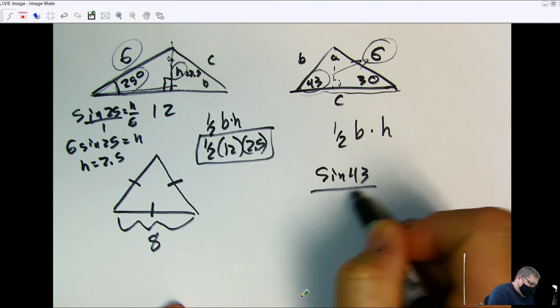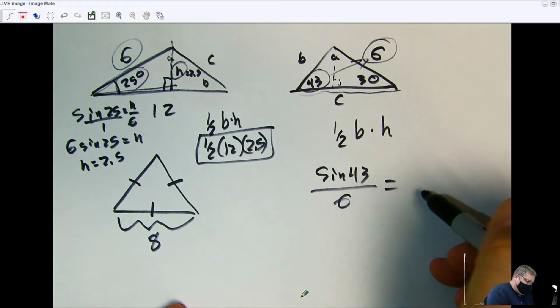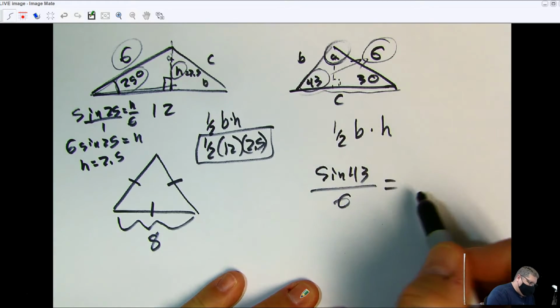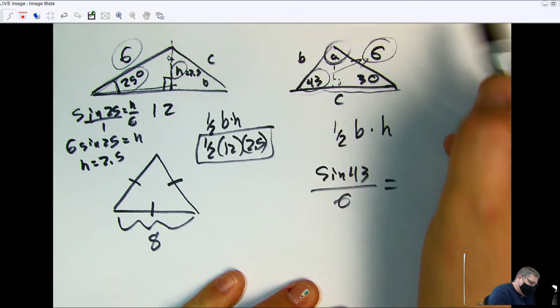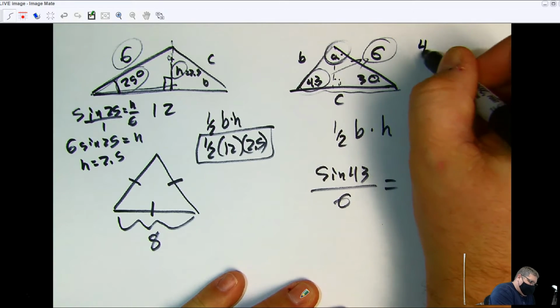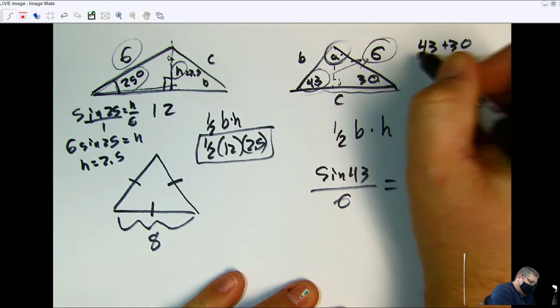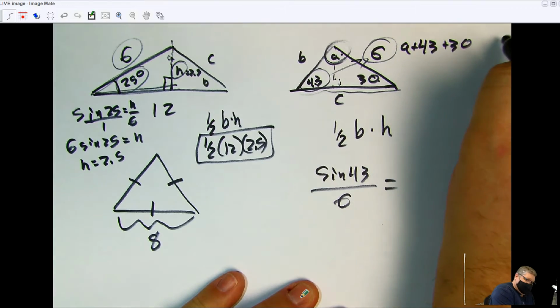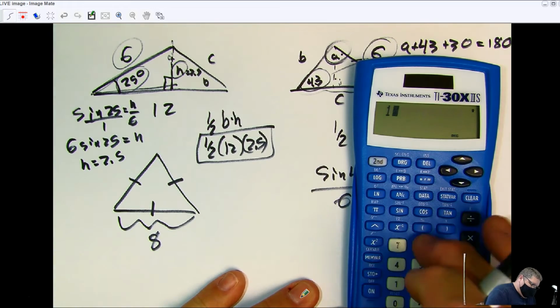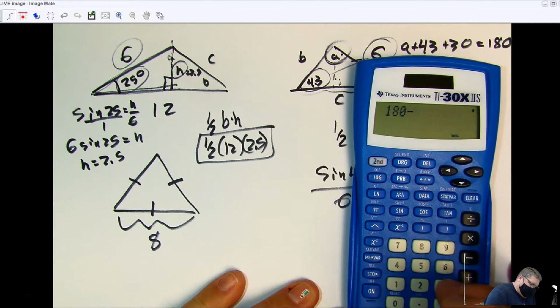Sine 43 over 6 equals. Now, I don't know this angle right up here, but I bet I can get it pretty quick. Because if these three angles have to add up to 180, all I have to do is say, what is 180 minus 30 minus 43?